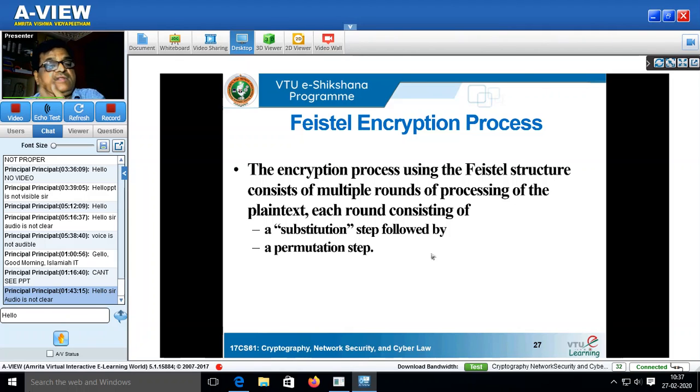So the original message from the earlier round output is split. Right side becomes the left side of the message which is being supplied as input to the current round. Left side of the earlier output becomes the right side of it. So the left part we do not change. The right part is undergoing change. First we perform substitution. Then after that we perform permutation.